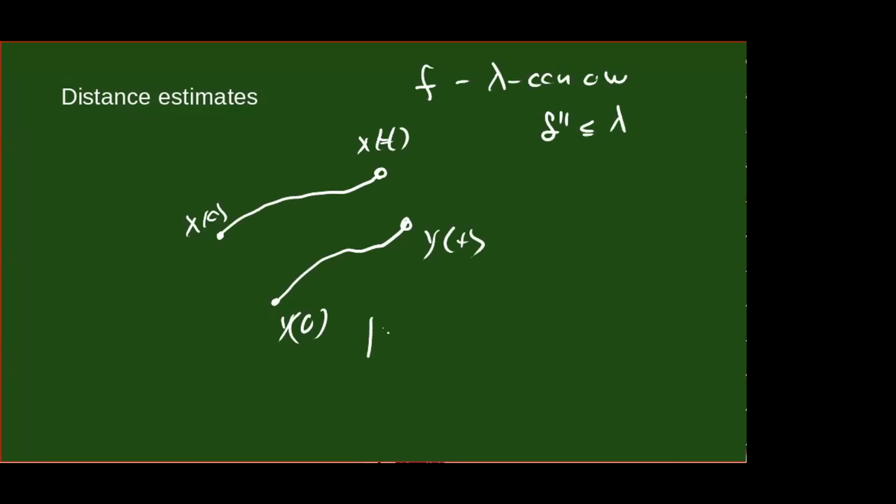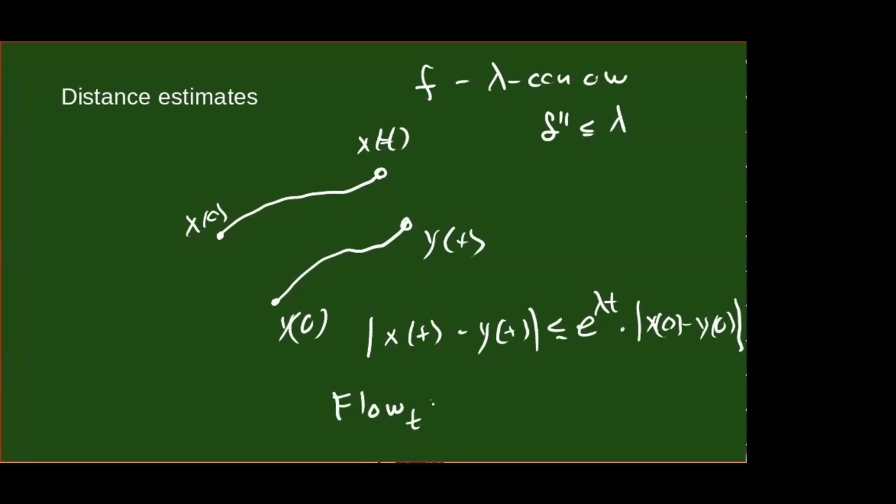the distance from x of t to y of t is less than or equal to e to the lambda t times the distance from x of 0 to y of 0. In other words, the gradient flow for time t is an e to the lambda t Lipschitz map.